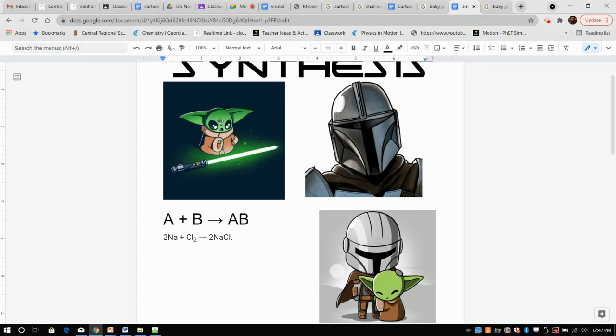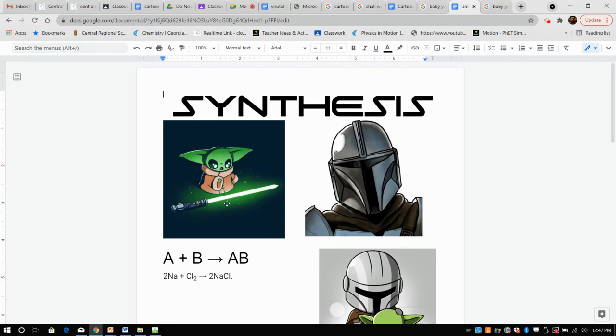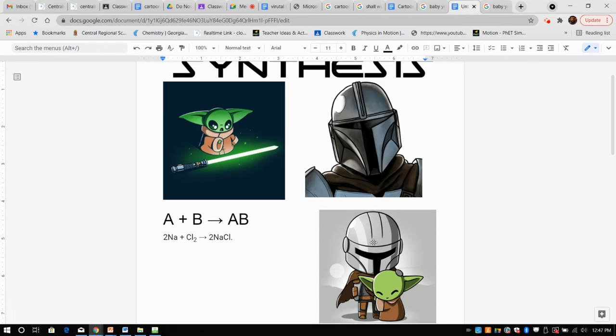So A, one individual, B, the second individual, goes through the reaction, and they come out together as a pair. So I show the type of reaction, the individual parts with the pictures, and then the compound, or the two pictures together in some form.